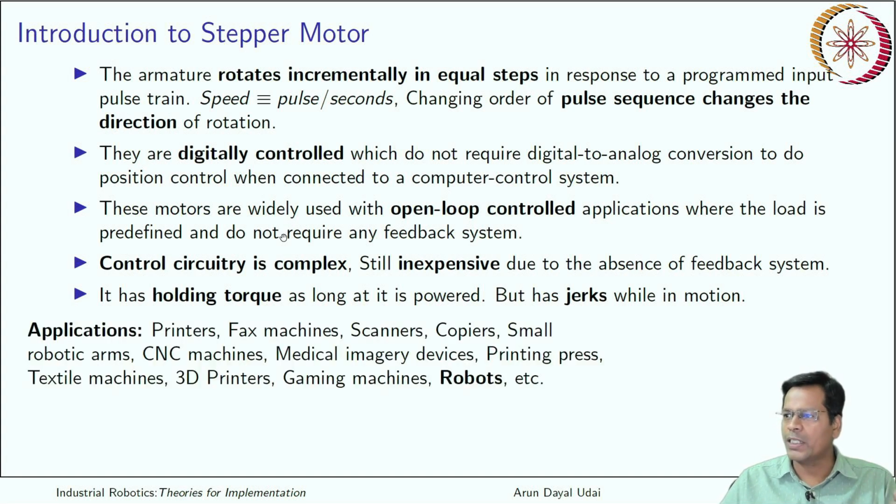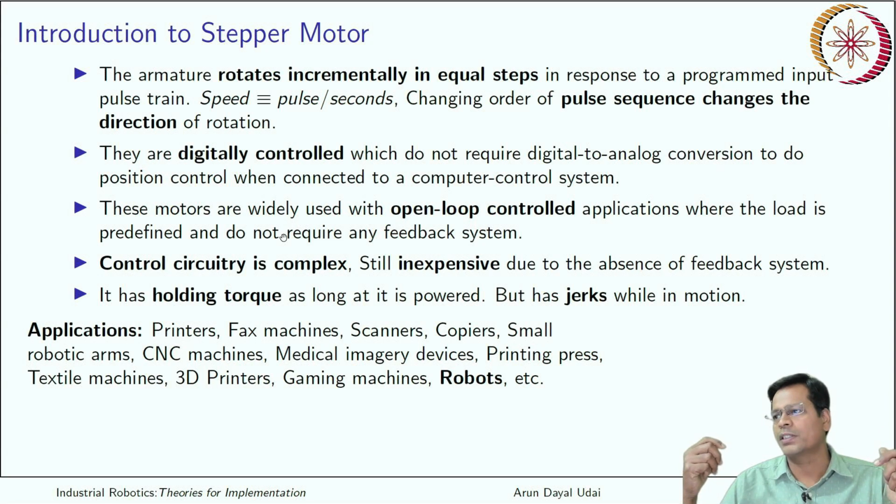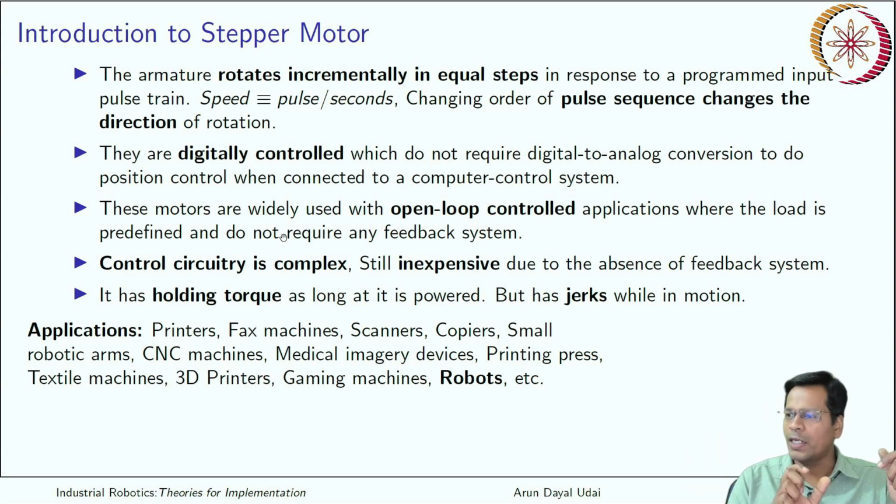The application you have seen is the small dedicated digital watch. There are other very common ones that you might not have noticed. That is your standard printer. A standard printer has a paper roll that uses this type of motor, and even the cartridge moves using this type of motor. Similar machines are fax machines, scanners, copiers.